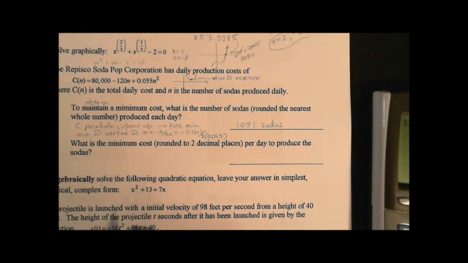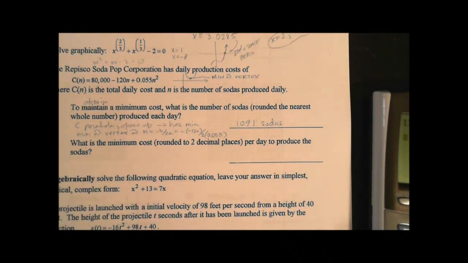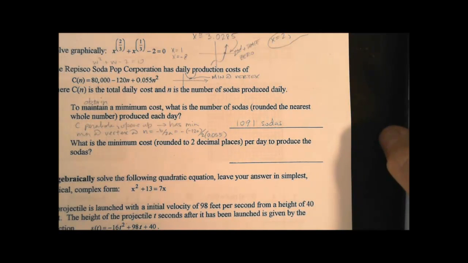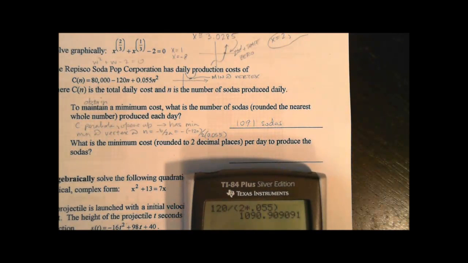They should produce about 1,091 sodas to minimize their cost. What is that minimum cost? Well, in our case, let me see if I can think of a way to do this. I'll go ahead and put in that whole number. It only makes sense to put in whole numbers. And let's see what we get then.